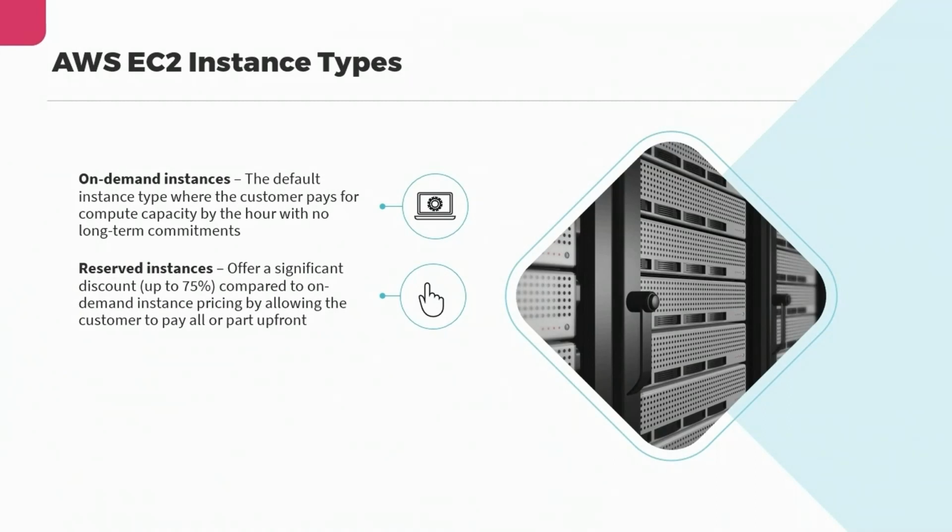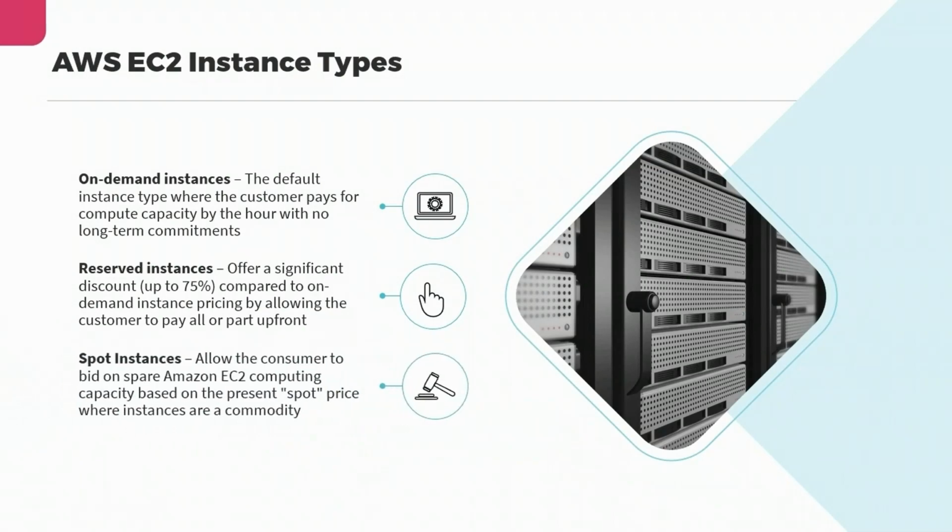Make sure you're aware of convertible instances on the exam. And then spot instances. These allow the consumer to bid on spare EC2 computing capacity based on the present spot price, where instances are a commodity in the AWS cloud, like the gold or silver price.